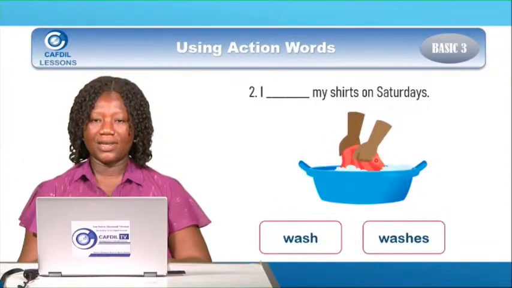What action is going on? Good. Wash, right? But we are using I. And one of these words would be correct. So which of them are you choosing? I'm waiting for your answer.